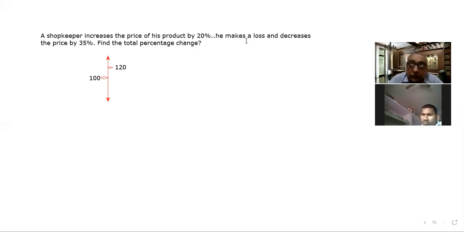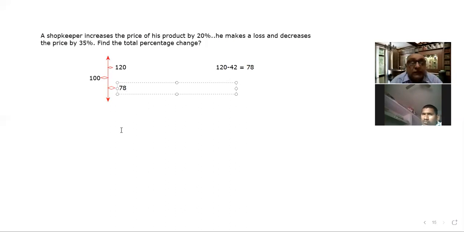So he made losses and he decreased the price by 35%, right? So 35% of 120, that becomes equal to 42, right? So 120 minus 42, now he is at 78 rupees. So he has reached 78 rupees, right?